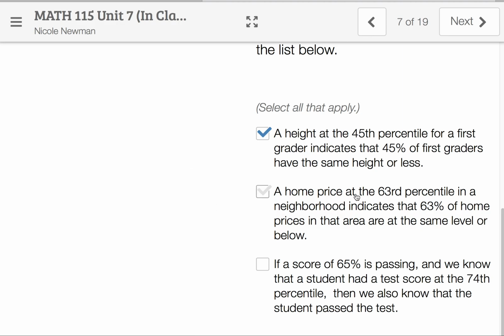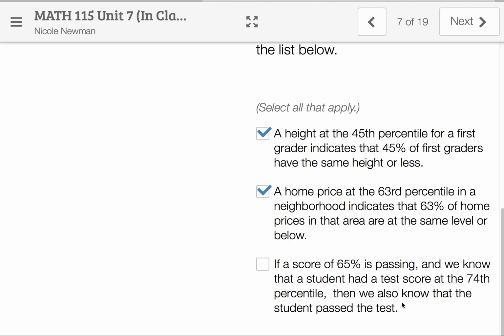A home price at the 63rd percentile in some neighborhood lets us know that 63% of home prices in that area are at the same level or below. I think so. 63rd gets translated into 63% at the same level or below. Looks good. Finally, if a score of 65% is passing, and we know that a student had a test score at the 74th percentile, then we know that they passed the test.